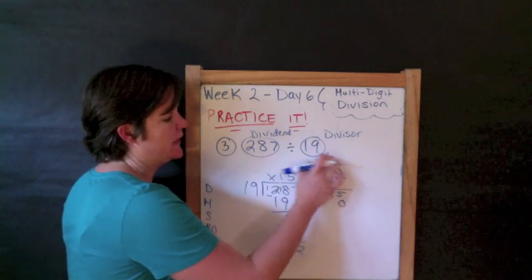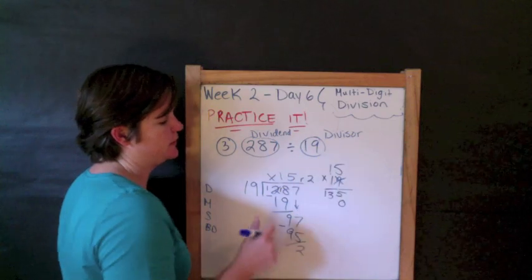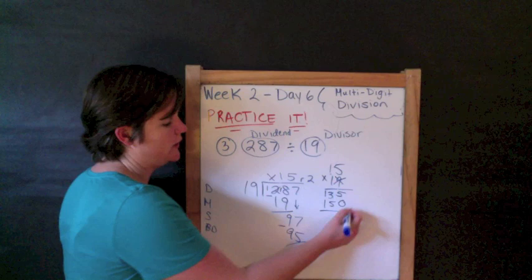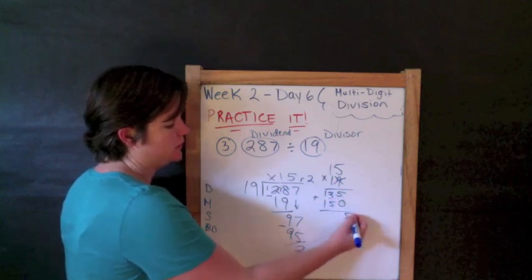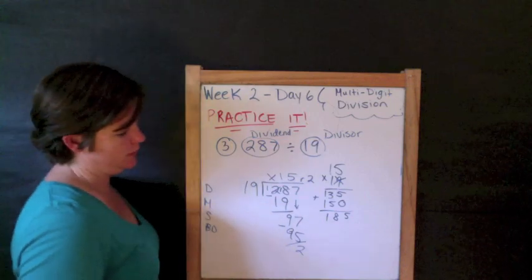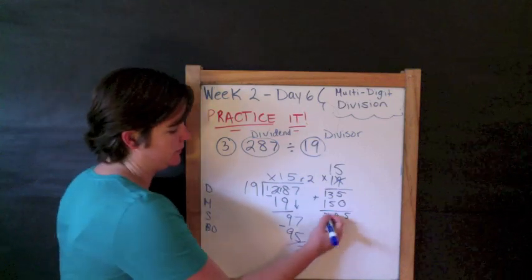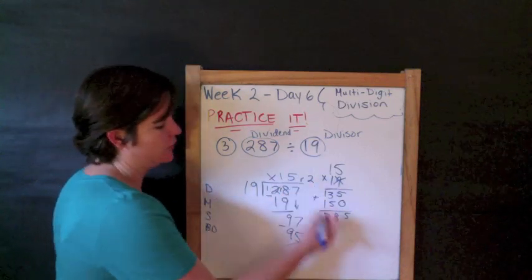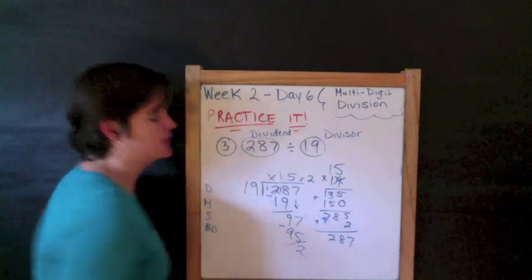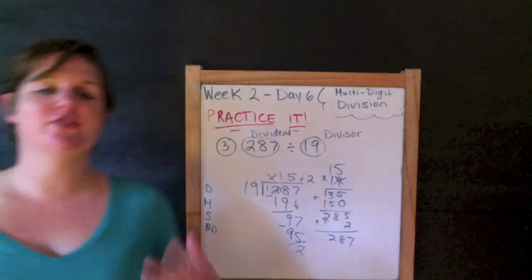Get rid of my 9 and get rid of my regroupies. 1 times 5 is 5. 1 times 1 is 1. Add them up: 3 plus 5 is 8. So 285, and we add our remainder of 2 to get 287. So 15, remainder 2 is our answer.